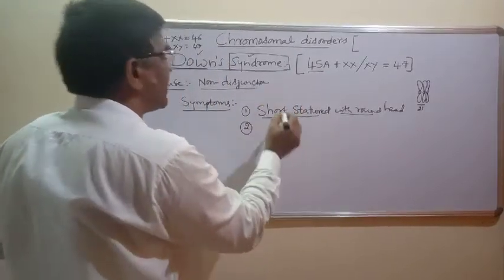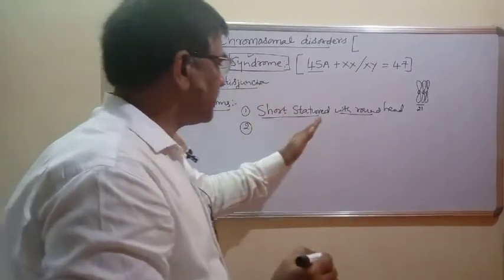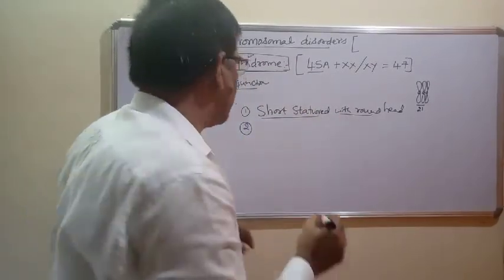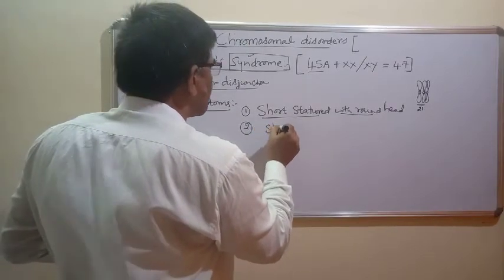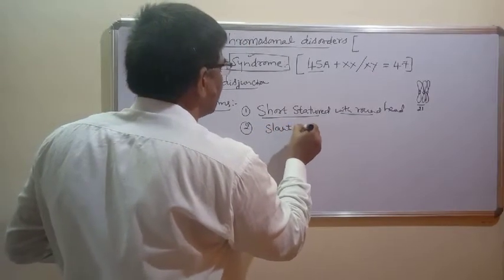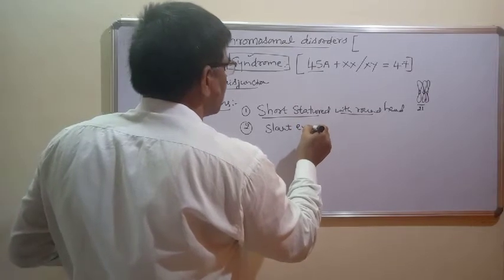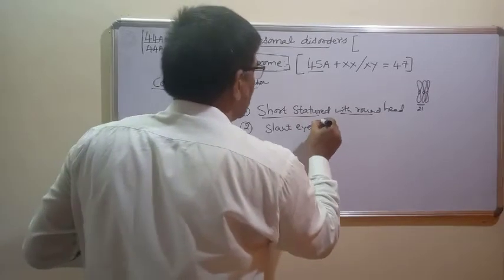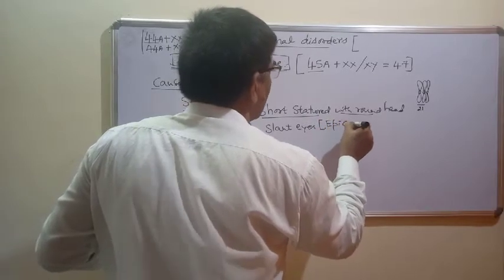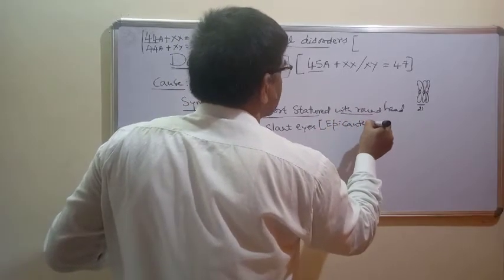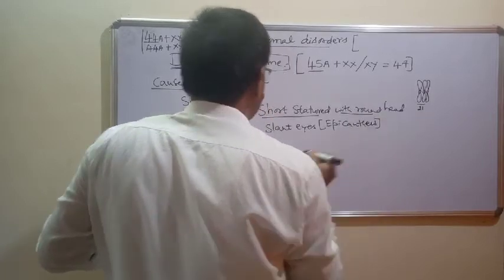Generally they are short and a round head is present. And slanting eyes are present, which is not mentioned in your textbook. Slant eyes are present, which we can call epicanthus. This condition is called epicanthus.